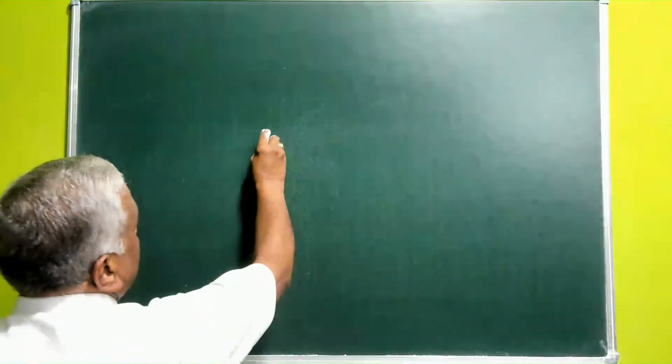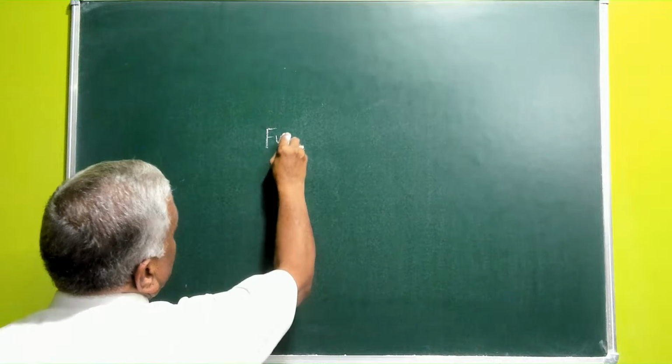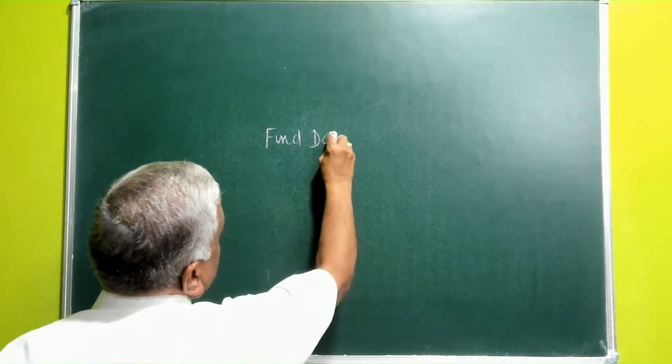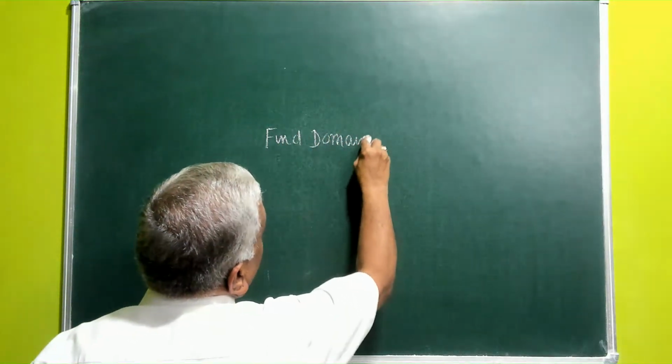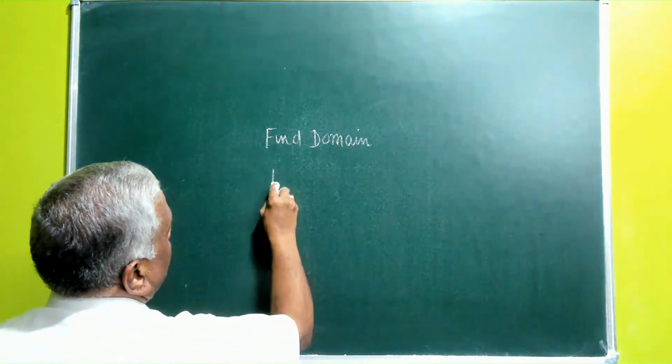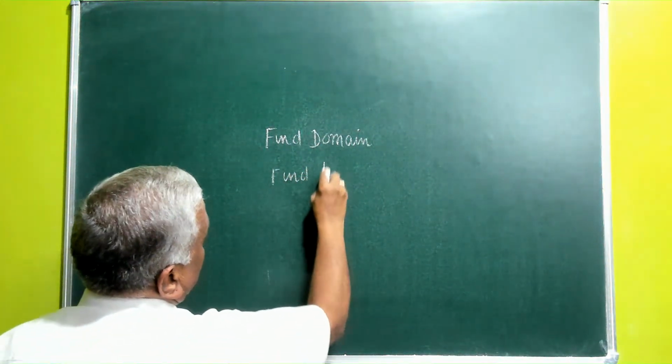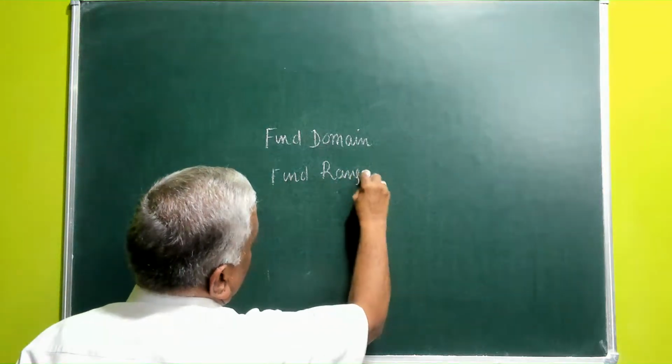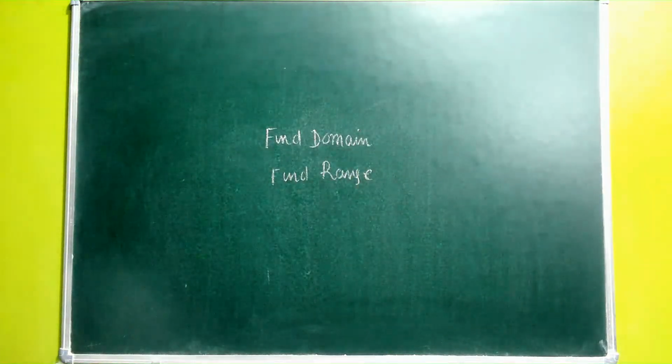I'll just summarize again. So the question will be find domain, find range. Instead of working many problems, I'll give you the concept so that you can work the problems on your own. What are the possibilities?